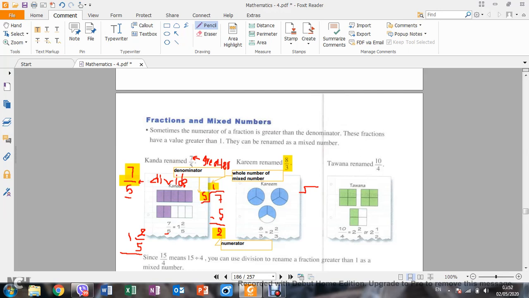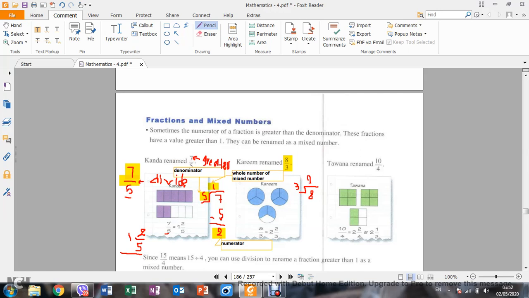So I'll write 8 as the top number. When the top number is greater than the bottom number, you need to rename this one like a mixed number. How? By using divide. 8 divided by 3. In 8, how many 3s do we have? 2.